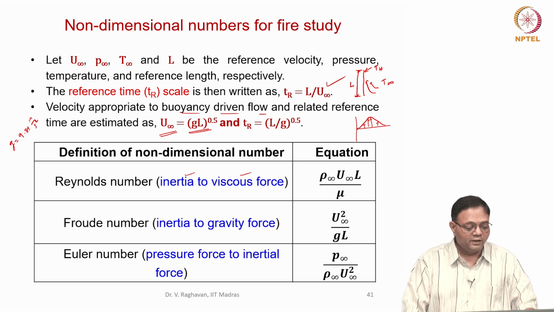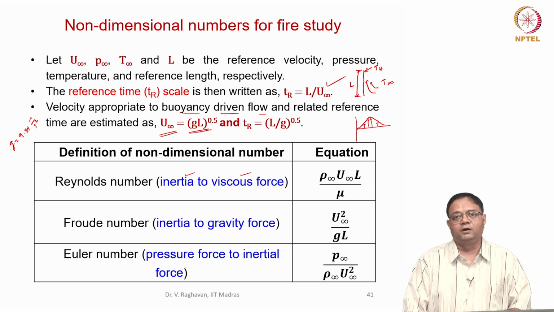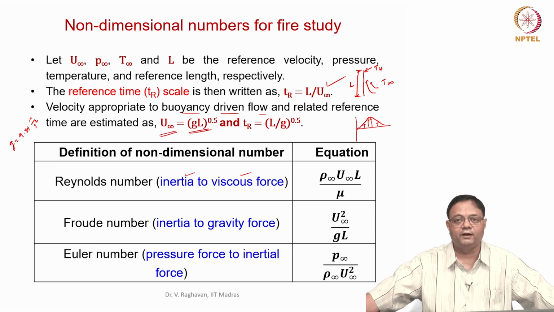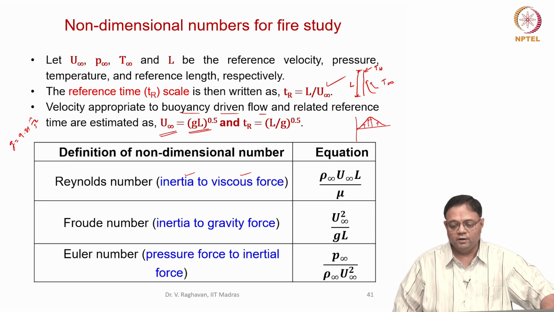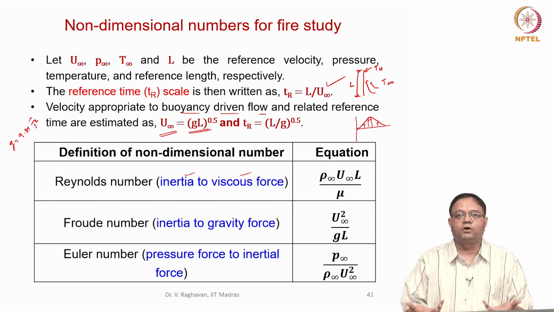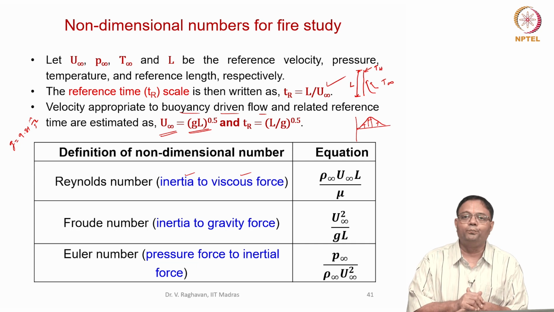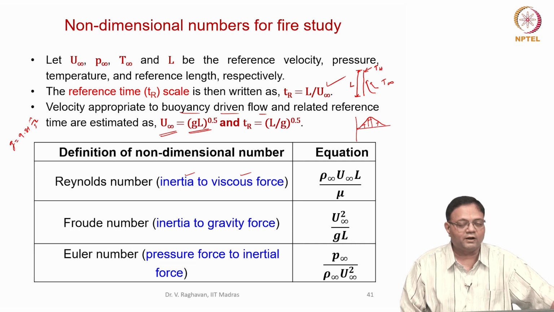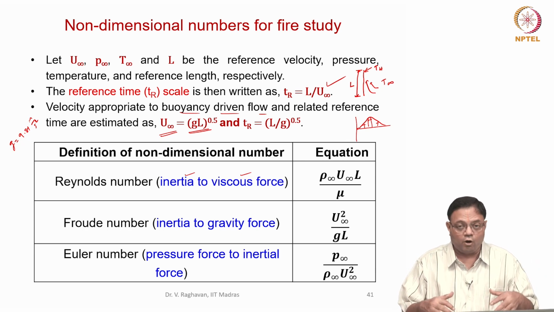Then whether the flame over the surface will be laminar or turbulent can be determined by calculating the Reynolds number based upon the length of the plate, the velocity of the air coming over the plate, and the viscosity. Please understand that we have to carefully calculate the values of rho and mu, because this is not a cold flow. It is not a cold solid over which atmospheric air is flowing. It is a hot flow.